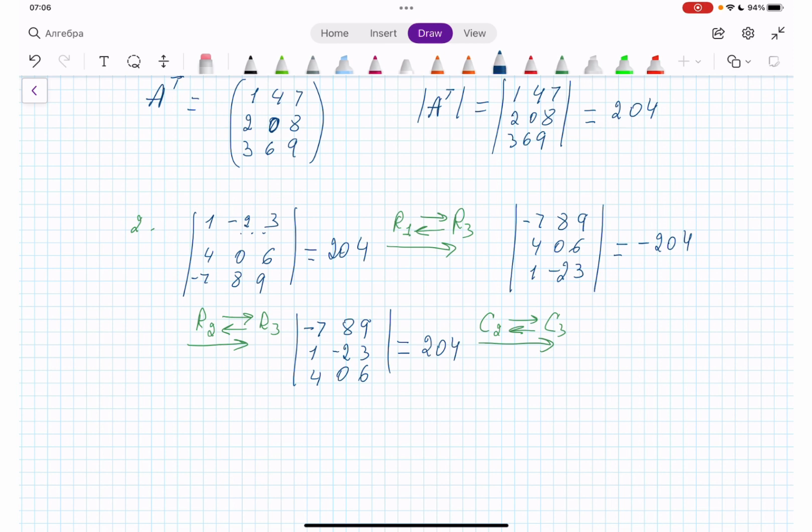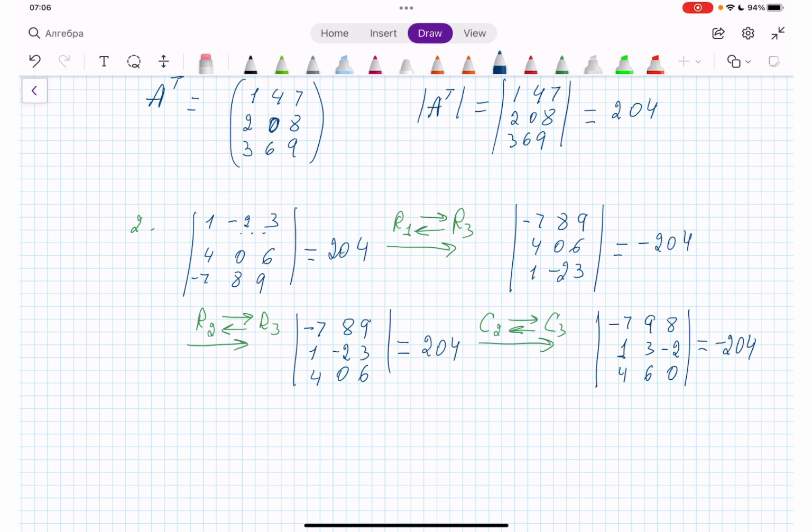And we are getting -7, 1, and 4, 9, 3, and 6, and 8, -2, and 0. And guess what? We get -204. So that means that if we swap any pair of rows or columns, it changes the sign of the determinant to the opposite.